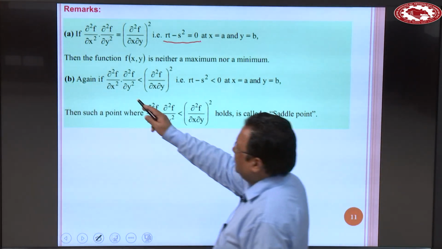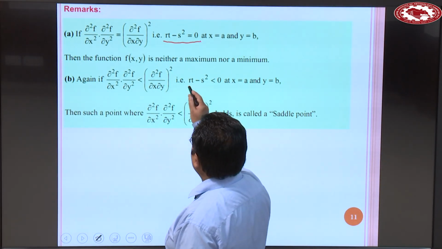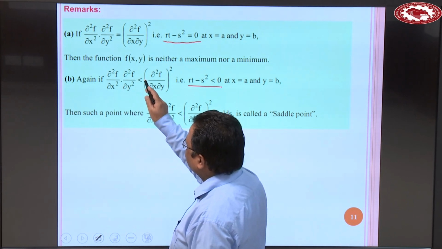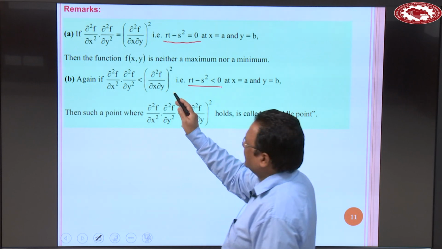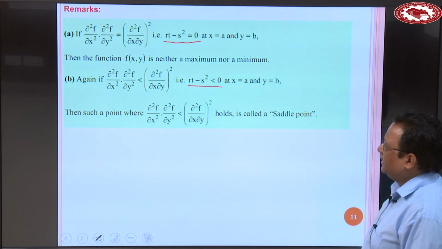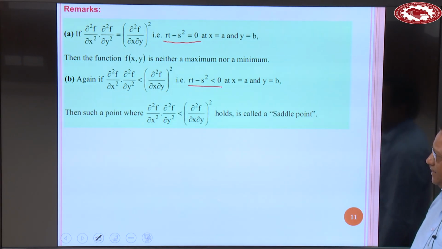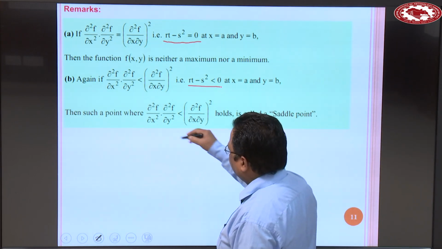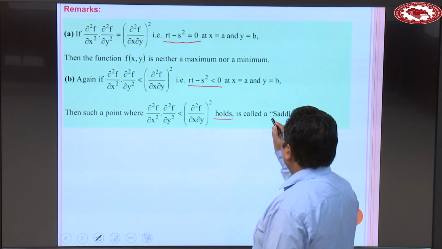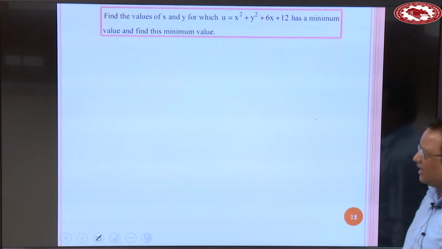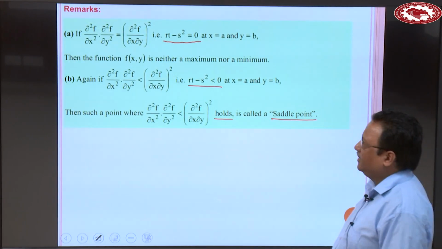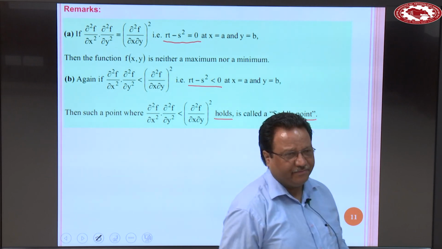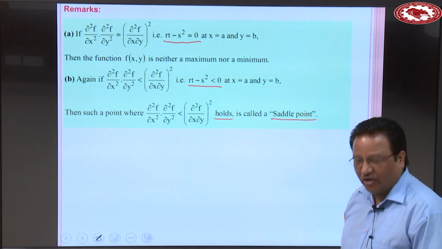And if rt minus s square is less than 0, meaning ∂²f/∂x² times ∂²f/∂y² is less than (∂²f/∂x∂y)² at x equal to a and y equal to b, then such a point where this inequality holds is called a saddle point. So, remember all these formulas for evaluating maxima and minima. Okay. So, let us solve one simple problem.